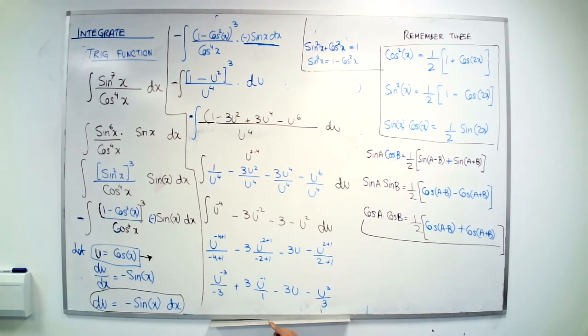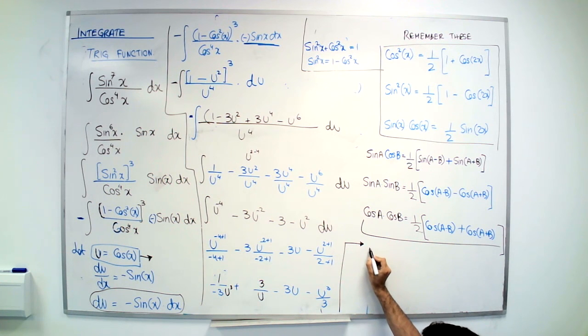What was u? u was cos x. Yeah. So now one other thing, this is u to the power of minus 3. I can move that one and that becomes u to the power of 3. And that disappears because if you move it down, it becomes a positive. This is u to the power of minus 1. If I remove that one, that becomes just u to the power of 1. Yeah, like that. So that becomes 3 over u. Okay, so I'm just going to put these things here.